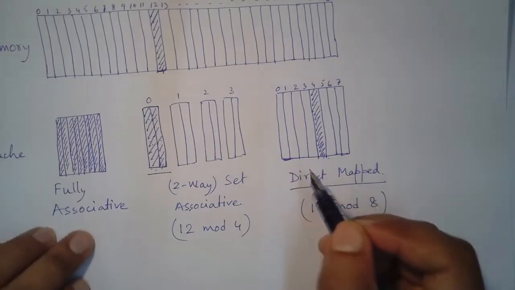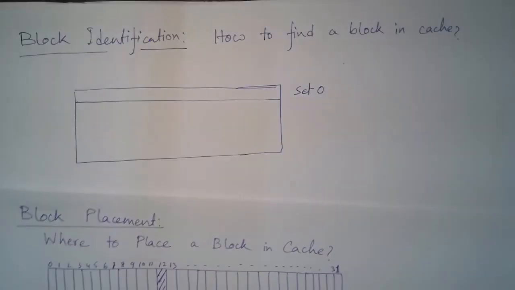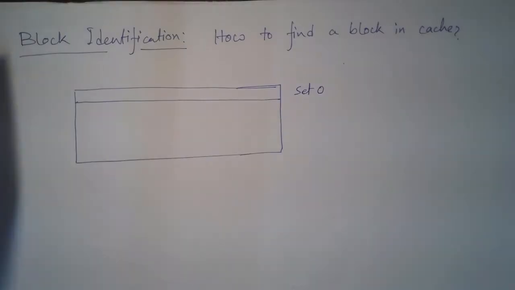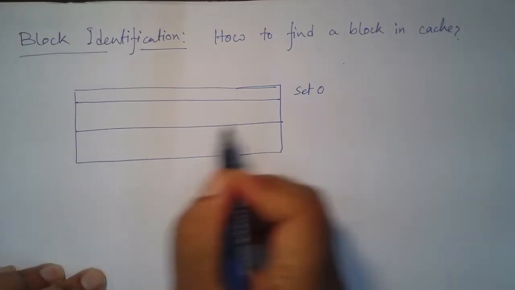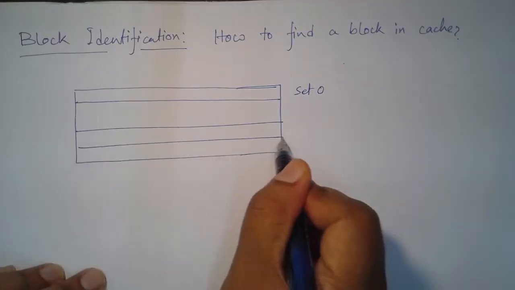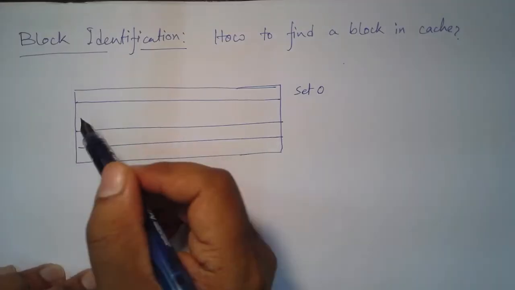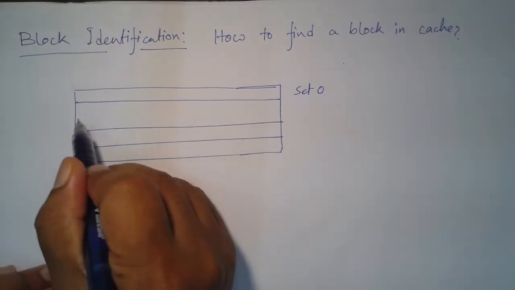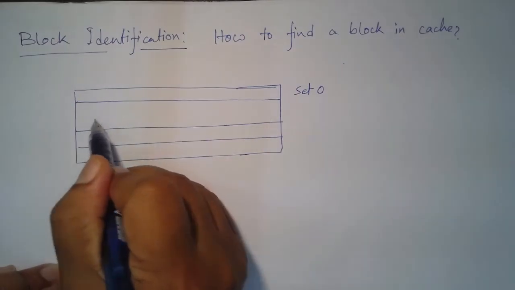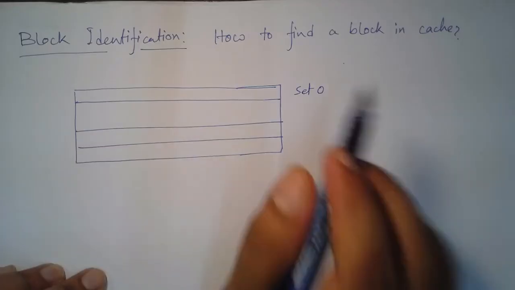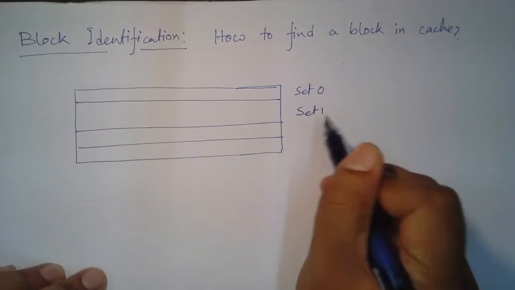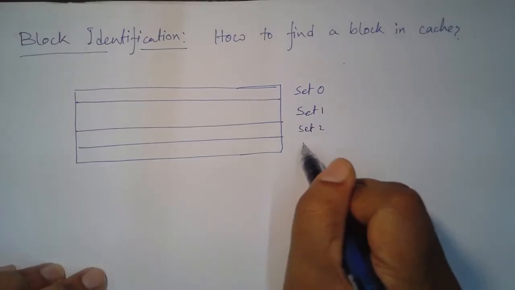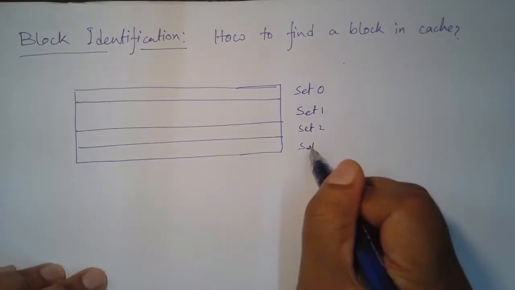Okay. So for completeness, we are writing the set numbers. Let's say I have this cache where I have 4 blocks. My drawing is not that consistent, so let me just leave it like this. So set 0, set 1, set 2 and set 3.